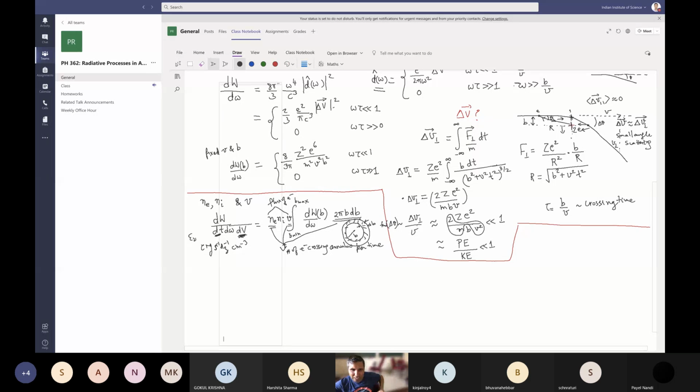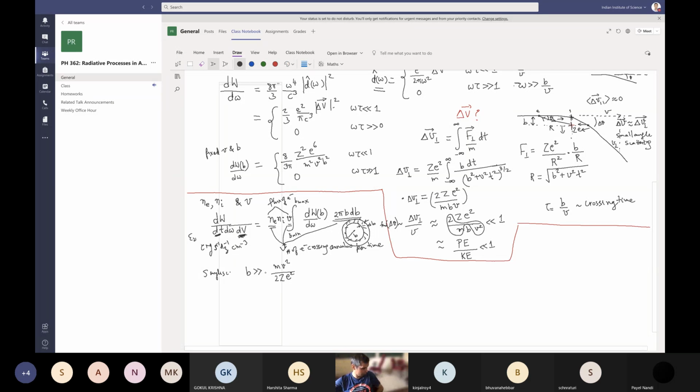So if we put delta V perp by V equal to order 1, we get B has to be bigger than mv square by 2 Z e squared. Just from this, so we are assuming small angle scattering. So this B has to be greater than this.